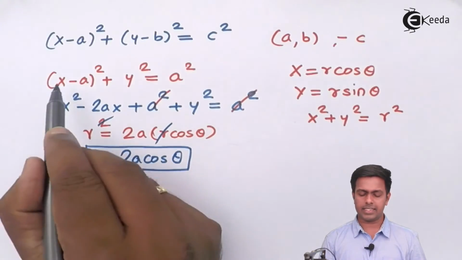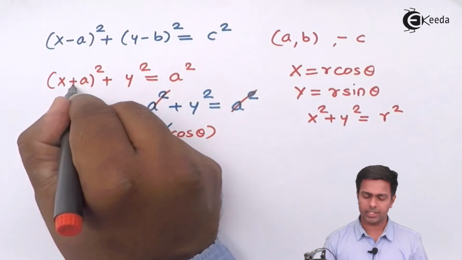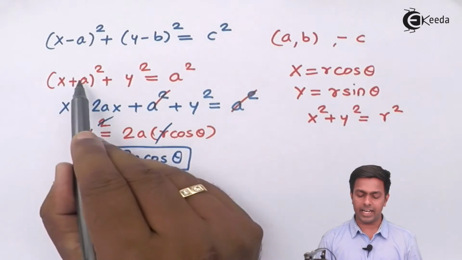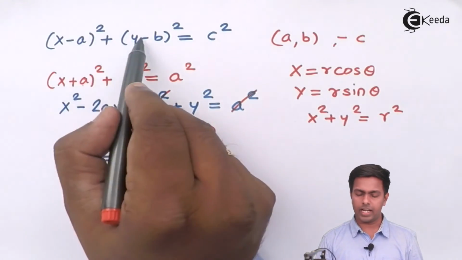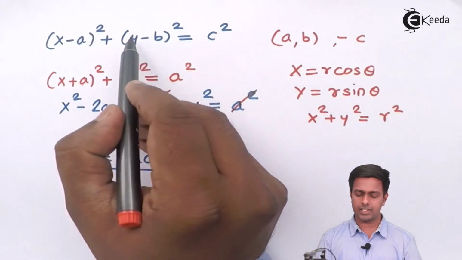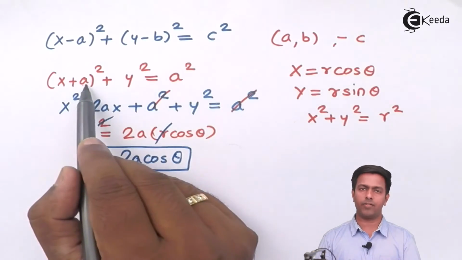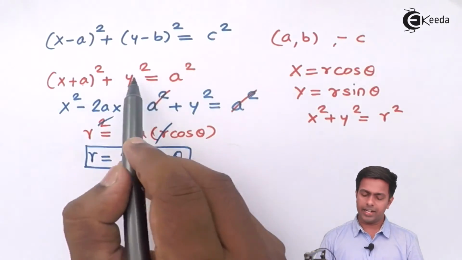How I'm getting this equation is simple. If I make this sign plus, I'll show you in the same question, then your center is at negative a comma 0. Let's remember, whenever we have a negative sign, that time we take the center as positive. Now if I'm having a positive sign, my center will be at negative a comma 0 and radius is a.